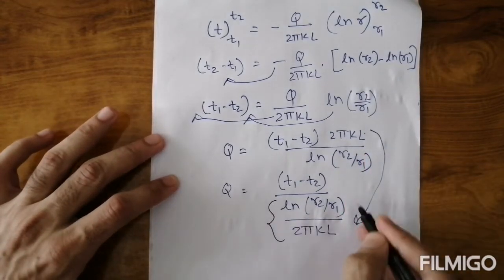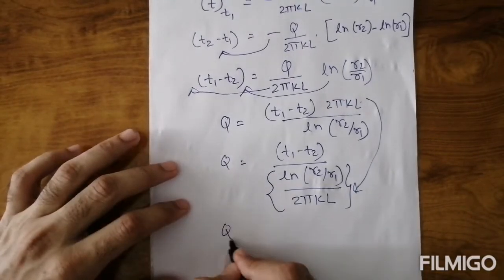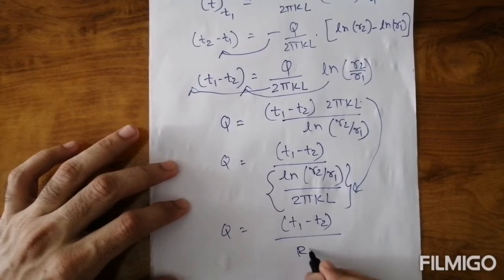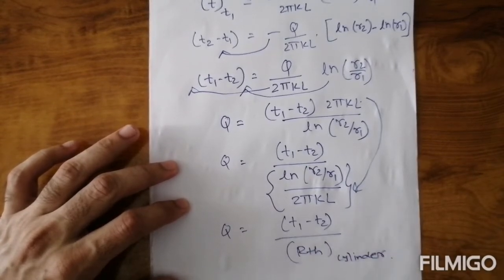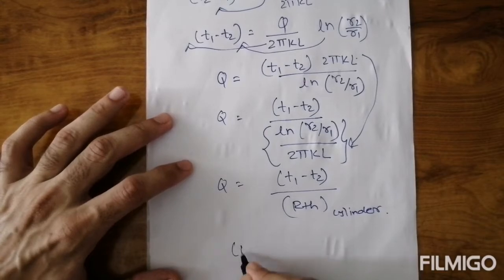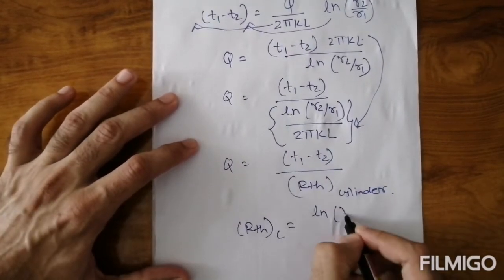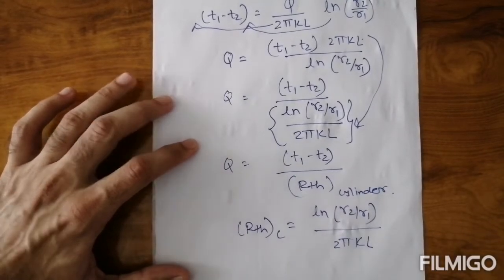What is ln R2 by R1 over 2 pi KL? That is called the thermal resistance for the cylinder, and we can write RTH for the cylinder is equal to ln R2 by R1 divided by 2 pi KL.